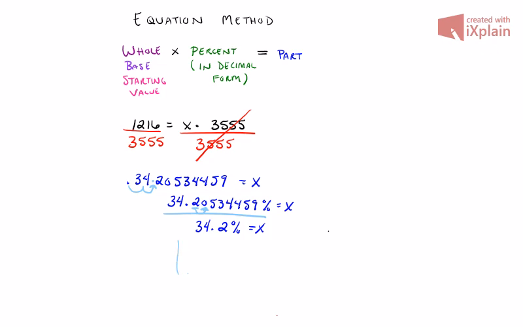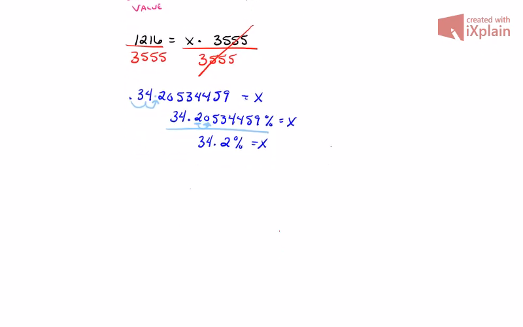Let's take a look at another one. Say we have something like 84 is equal to 72 hundredths times x. What we want to note here is that the 84 is representing the part. The 72 hundredths is actually my percent.